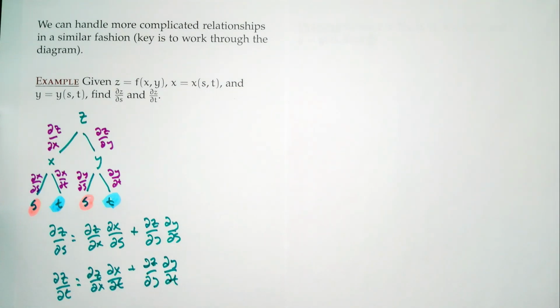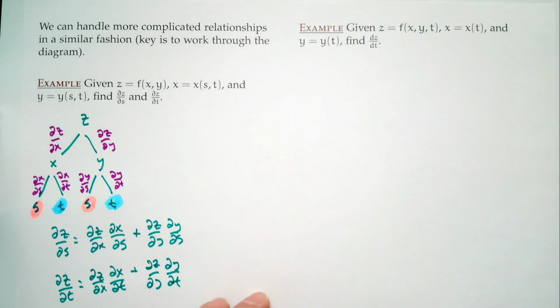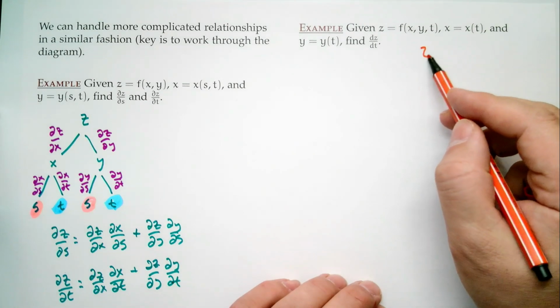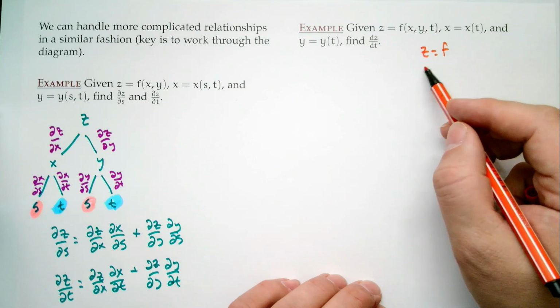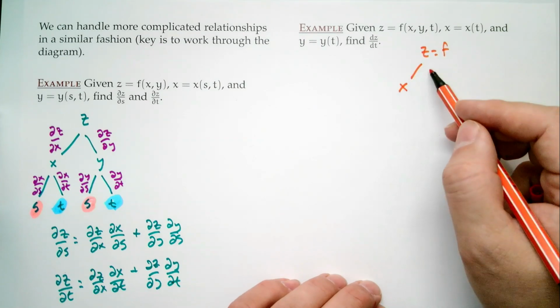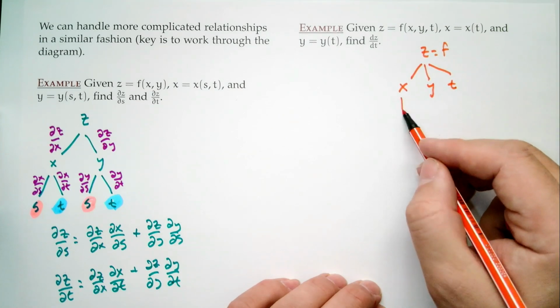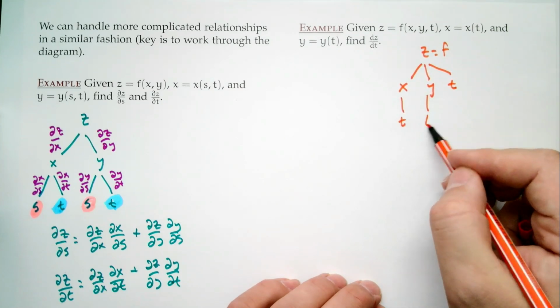All right. Well, let's do something a little bit more interesting. Suppose we have z equals f of x, y, t, and x is also a function of t, and y is a function of t. So this is a little bit more complicated. We have z, which is f, and that depends on x, y, and t, and x depends on t, and y depends on t.